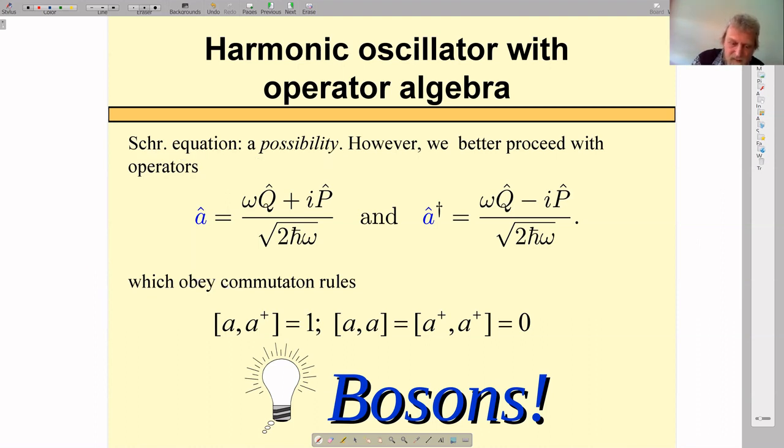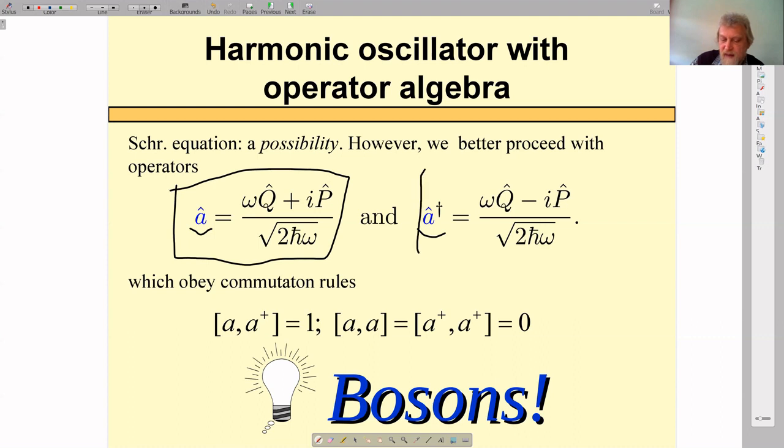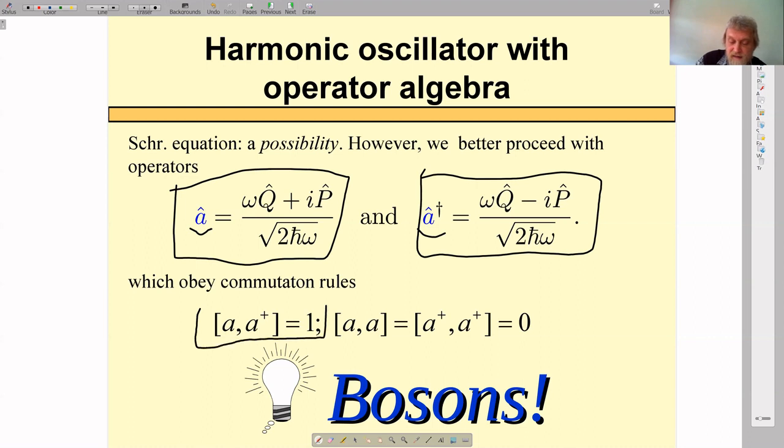We talk about an operator which reduces the number of excitations in the oscillator, and one that creates an extra excitation. All right, they are made of operators of coordinate and momentum in a certain very fixed way. Good, so one can look at commutation rules for these operators, commutation relations, and they are like this.